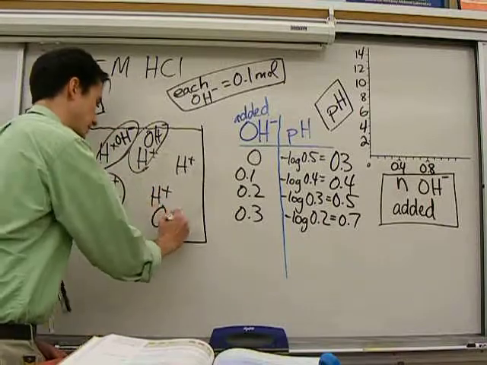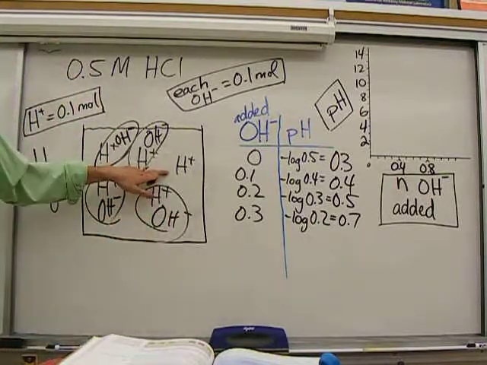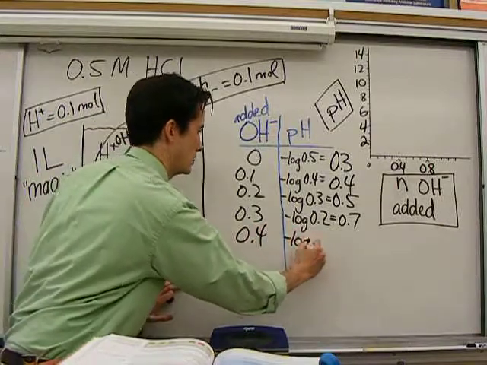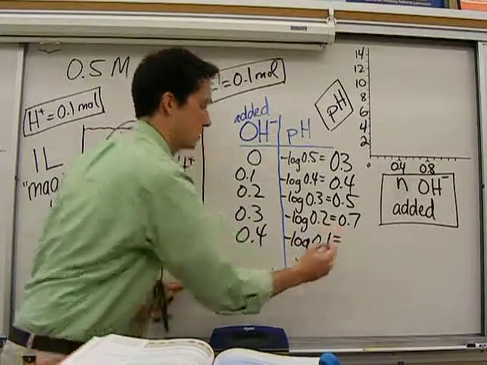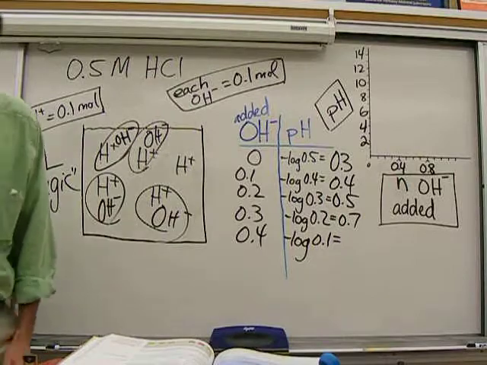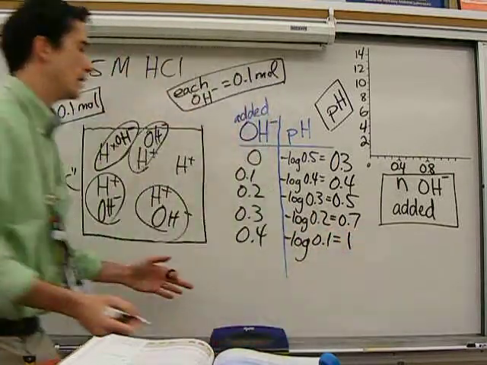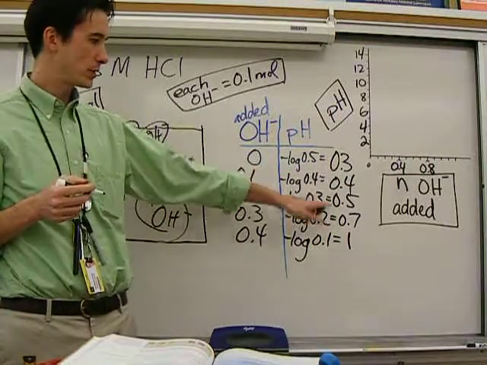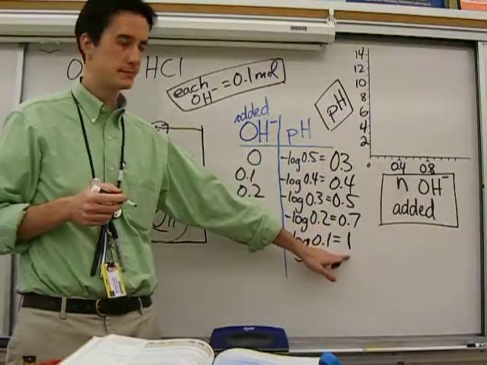Add another one. Keep going. We got 1 left. So let's see, we got 0.4. Oh, done. pH of 1. So our pH has gone from 0.3 up to 1.